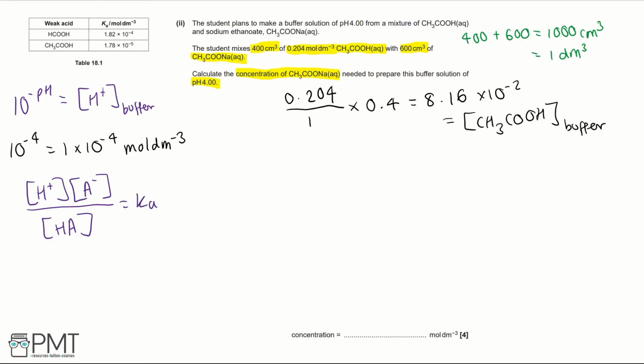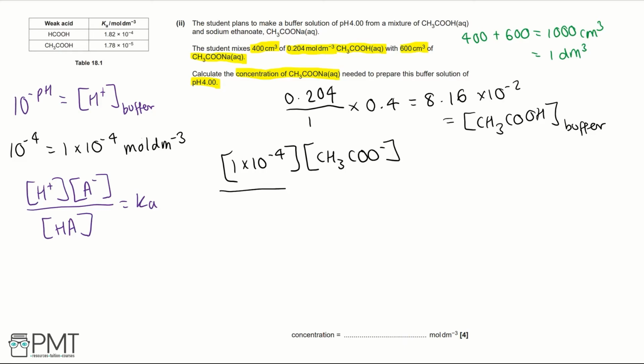So before we get on to this, let's work out what we actually have already in this question. If we plug in the numbers, we have our concentration of H+, which is 1 times 10 to the negative 4. We don't have our A minus, but it can be rewritten as CH3COO minus.